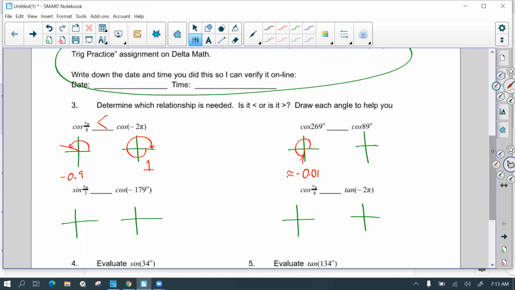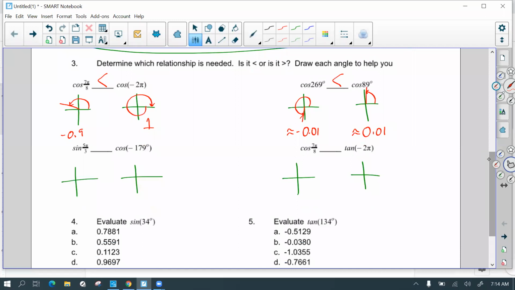Cosine of 89 degrees is 1 degree away from 90 degrees. And that is also very, very close to 0. But notice, guys, it's on the positive side because you would have to go to the right to get that value. So any positive number is greater than any negative number. So that must be the relationship.